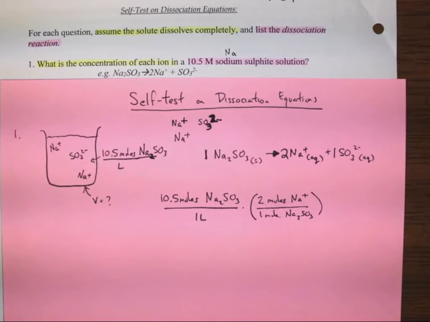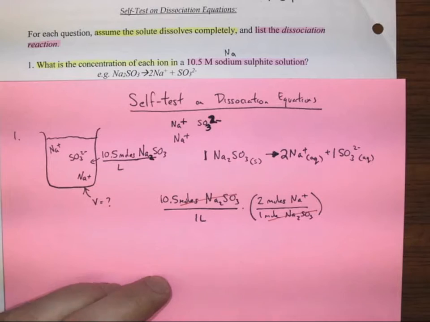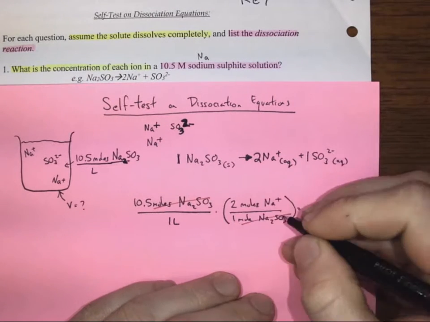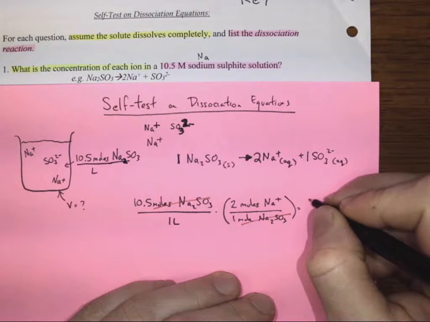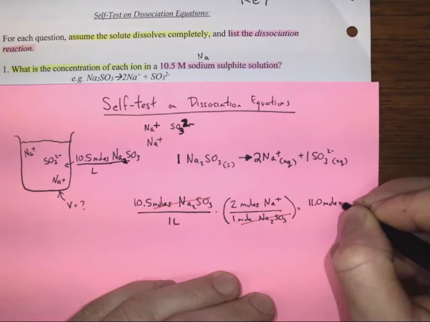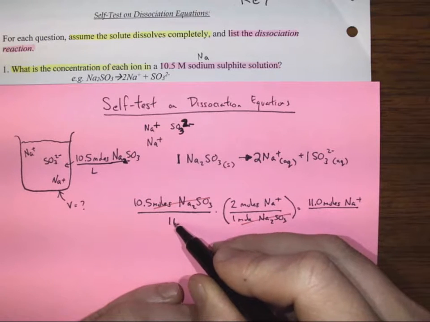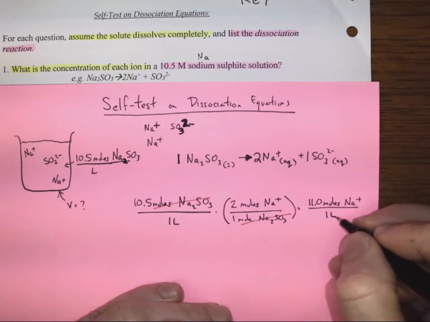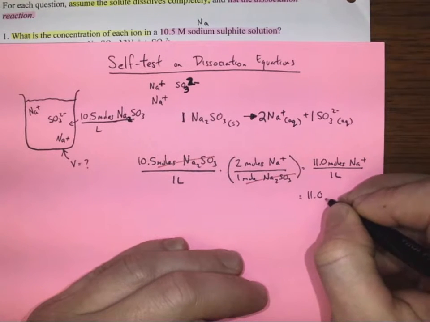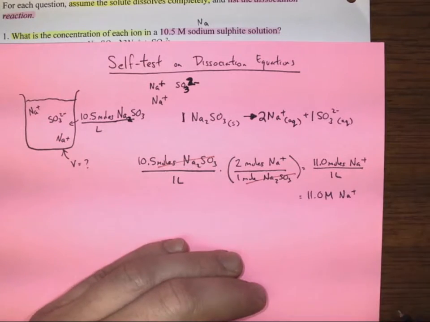Then the moles of sodium sulfite cancel out diagonally, and I multiply across. I get 11.0 moles Na plus over 1 liter, which I could abbreviate as 11.0 molar Na plus.